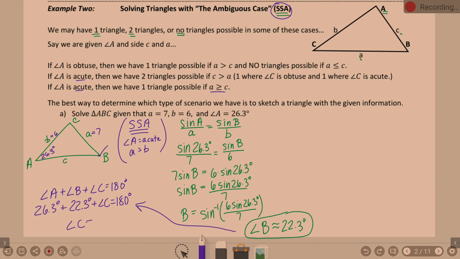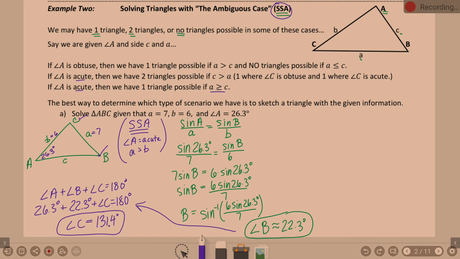And you're telling me that angle C is 131 4/10 degrees. Okay, now we've got angle C.